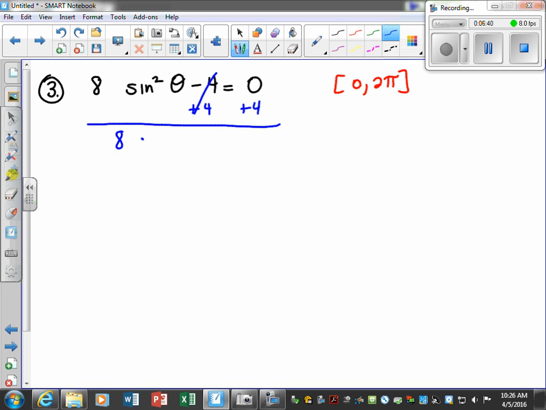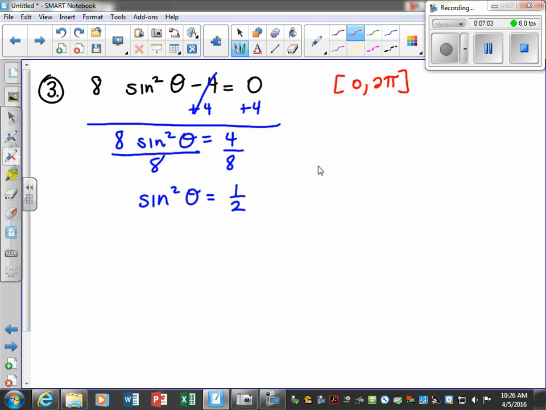So then that will be 8 sine squared theta is equal to 4. And now our goal is to get this term by itself, so what do we do next? Good, divide both sides by 8. Whatever you do to one side, do to the other. Good, that leaves us sine squared theta is equal to, this simplifies to 1/2.